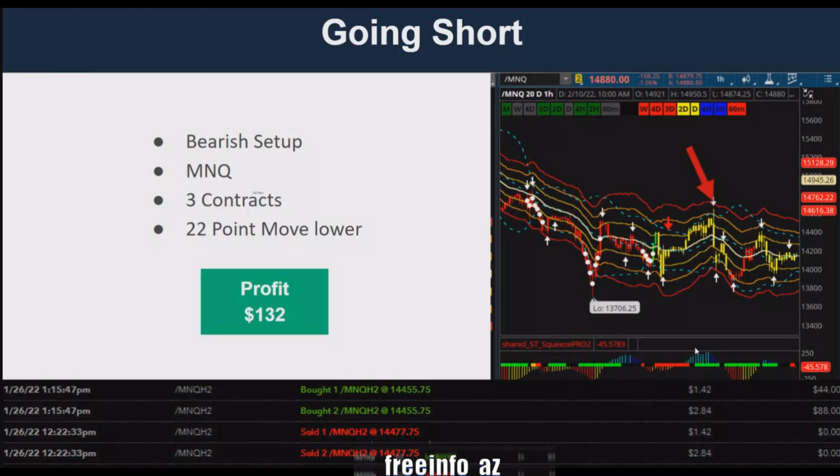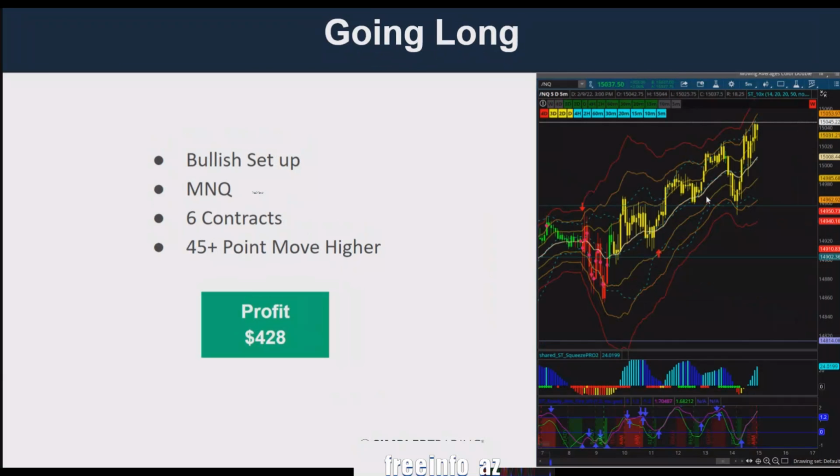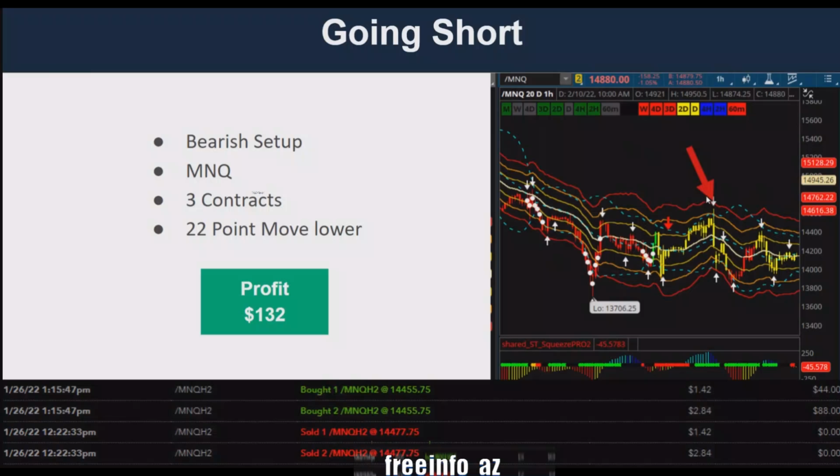So you can build into your contract size, which, in the previous example, I had 6 contracts, whereas I was building 2 and 2 and 2. I was able to profit from it pretty well. In this one, I just kept it at 3 because I had a low confidence rate, right? It was very choppy. So I kept my position small and still took some money off the table.